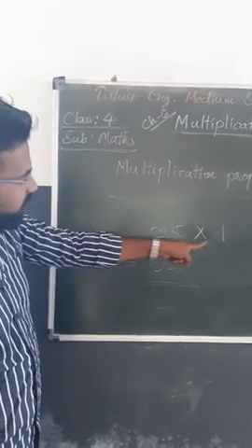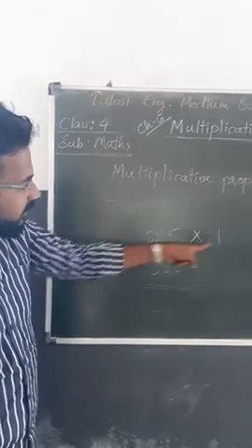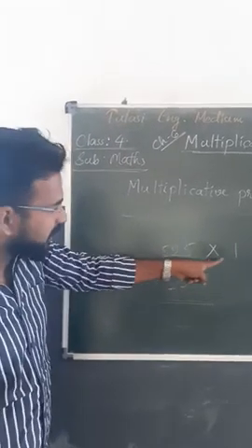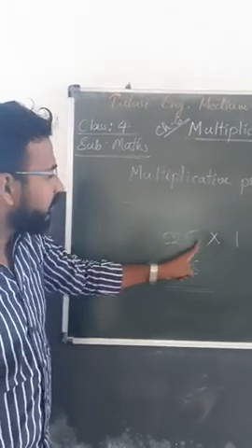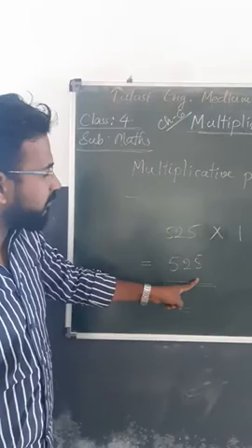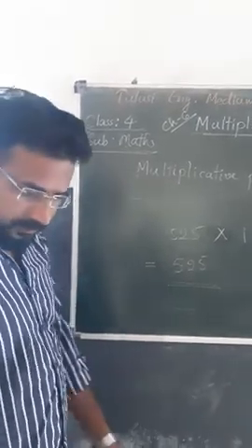Nothing changes, we can see here. 525 into 1 means 1 one time, the same number we will get. The product of any number and 1 is the number itself.